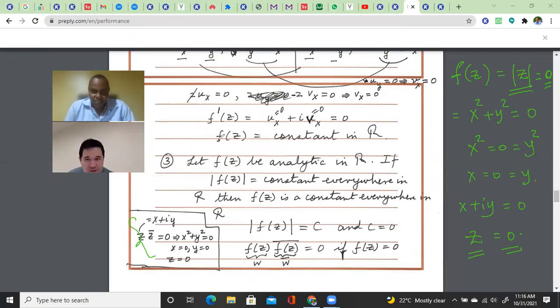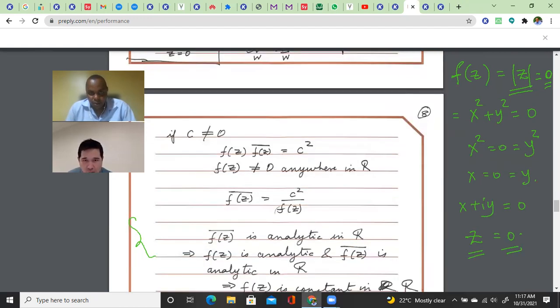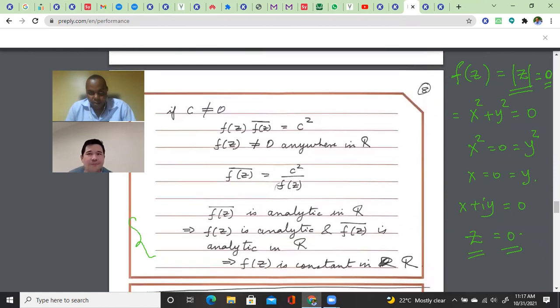Yeah. So that is a condition that he talks about, the third result. Okay. So if c is not equal to 0, f of z is not 0 anywhere in R, then f of z is a constant.